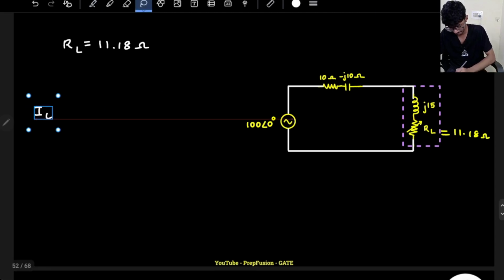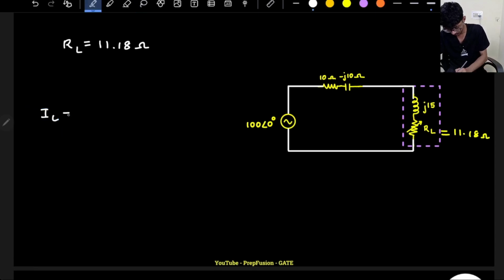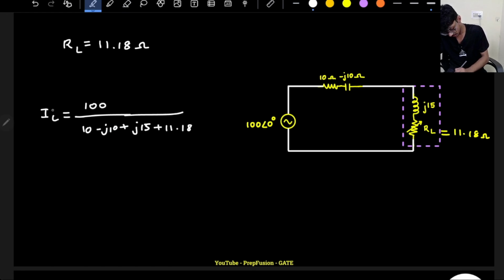Okay, so this is my input voltage V divided by 10 minus J10 plus J15 plus 11.18. If I want to calculate the magnitude of current, this is how we will calculate.